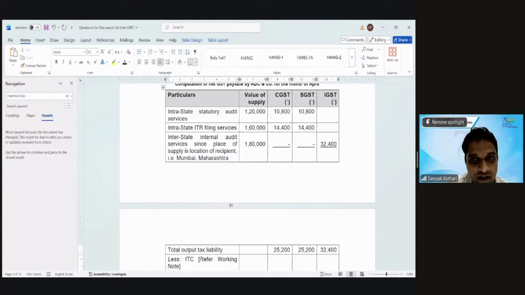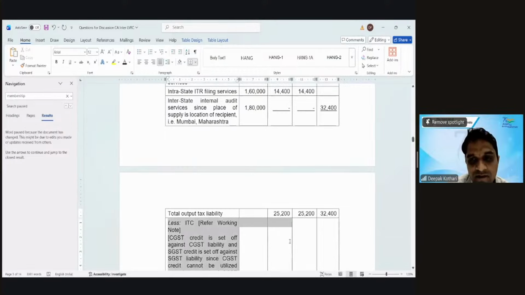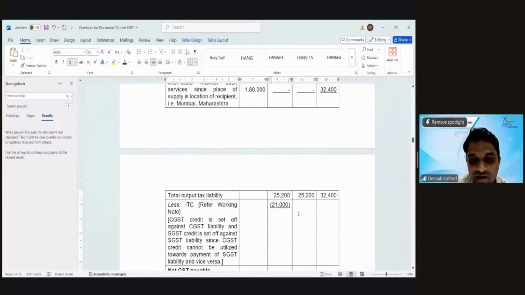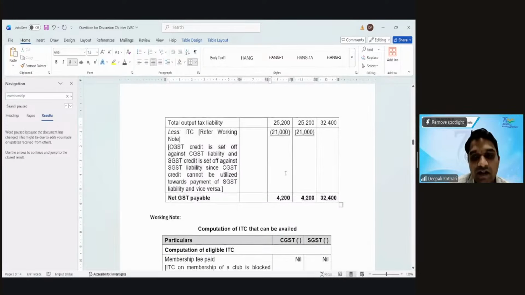So we will utilize the credit of 21,000 fully against CGST, and SGST credit also we will utilize fully. So you reduce 25,200 minus 21,000. Your balance payable is 4,200 each of CGST and SGST, and 32,400 is your output tax payable of IGST. Your answer is right, Kushi.